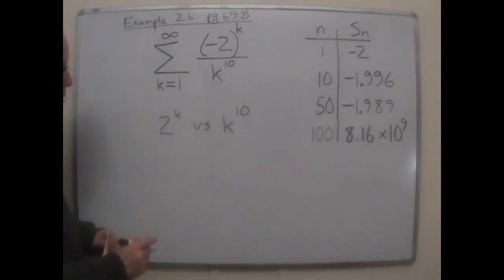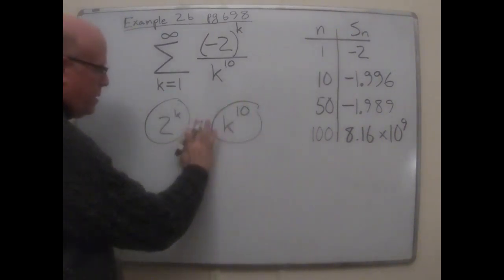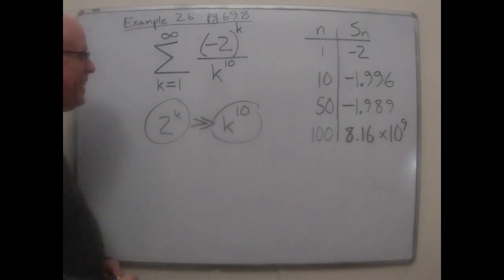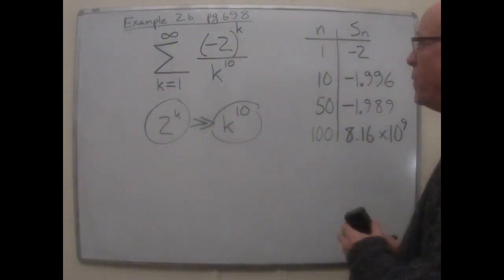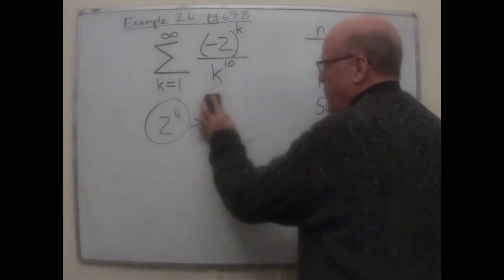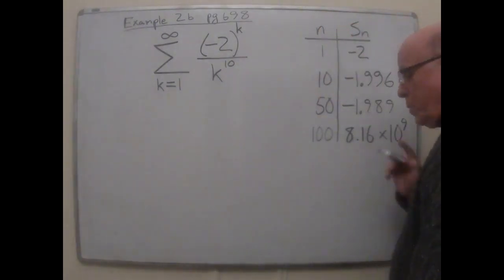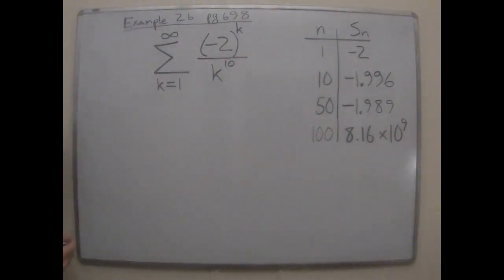So 2 to the k is much larger than k to the 10. Cool. So the denominator ends up being way overpowered by the numerator. But let's just apply the root test as we were supposed to, because really the example is about that.